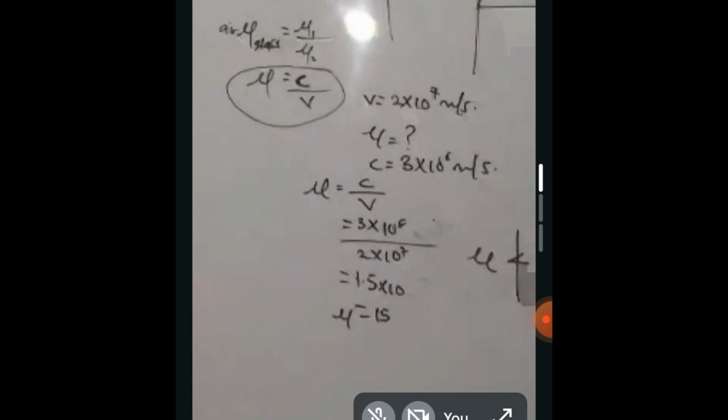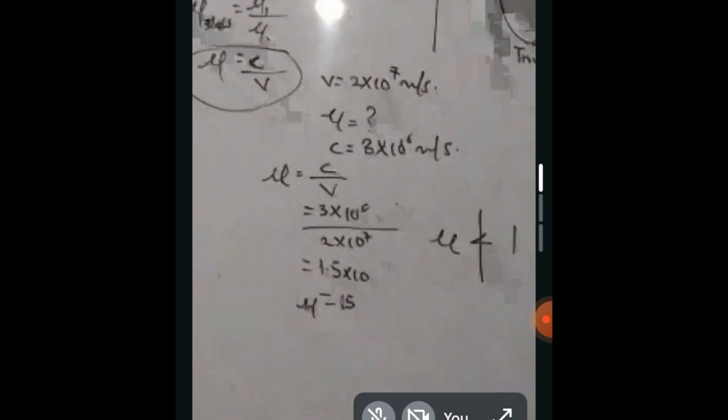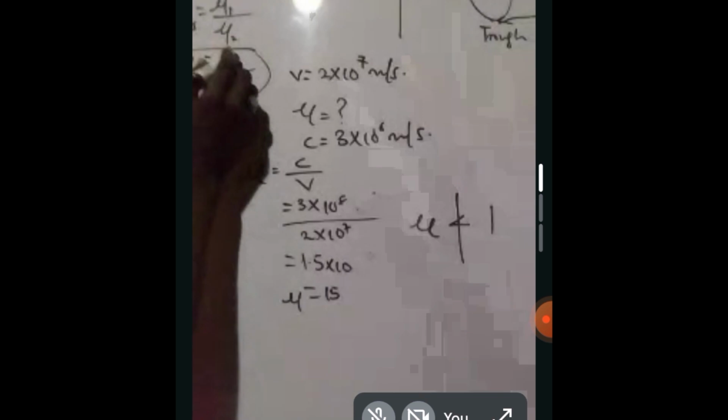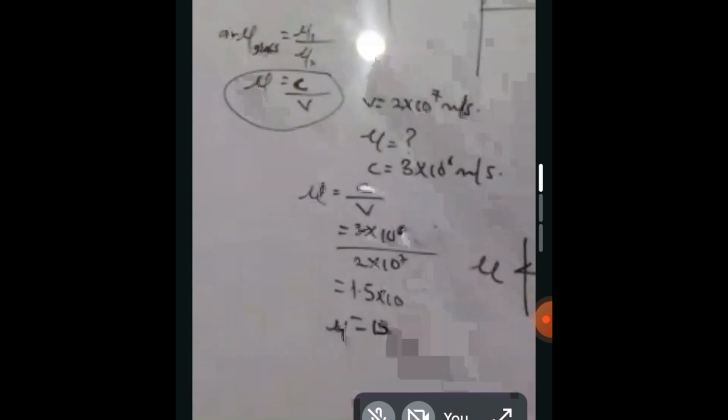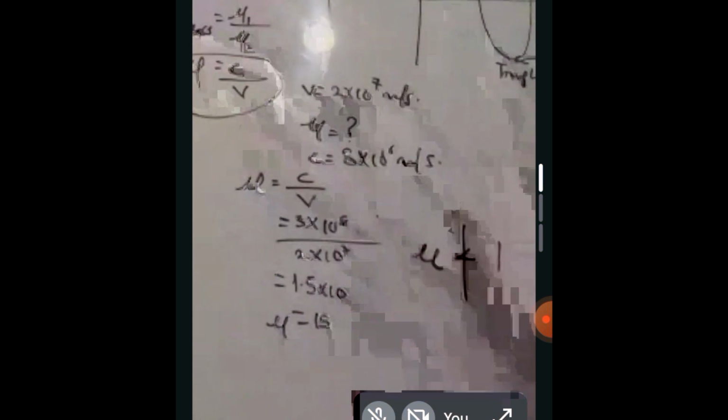Light is faster in air than in any other thing, than in water, than in glass. So it will always be 1 point something. Let's also note that.